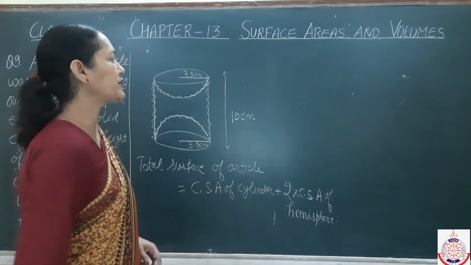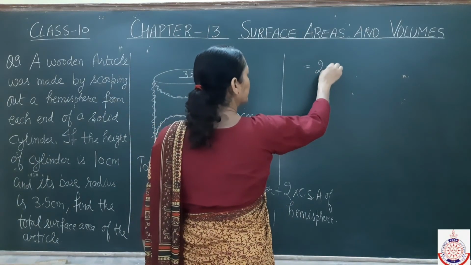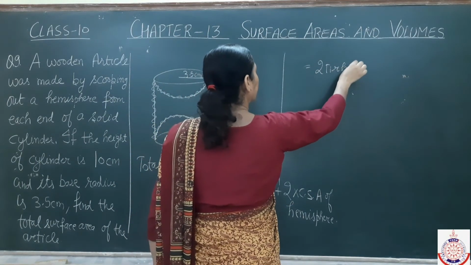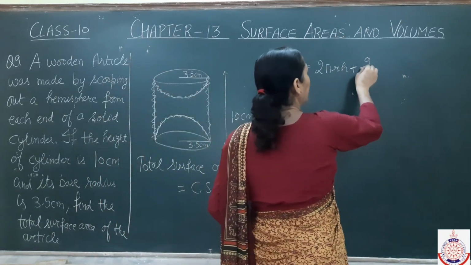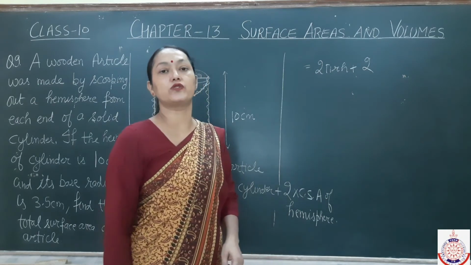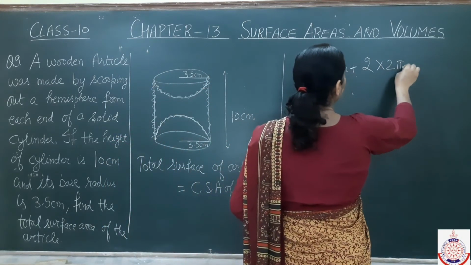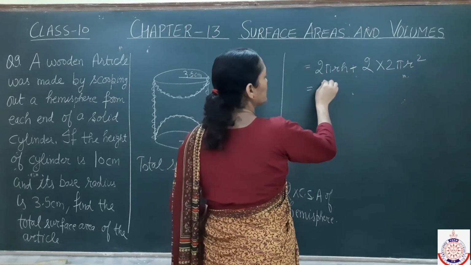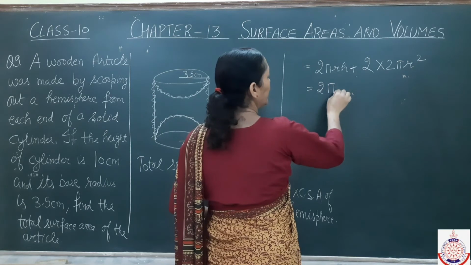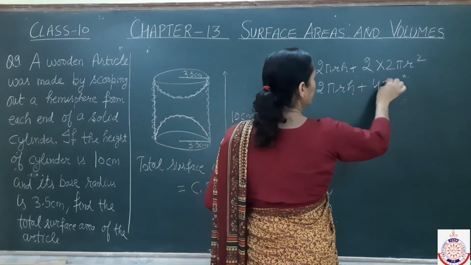Now CSA of cylinder means 2 pi RH plus 2 times CSA of hemisphere, which is 2 pi R square. So 2 pi RH plus 4 pi R square.